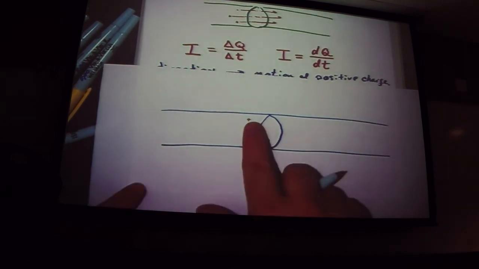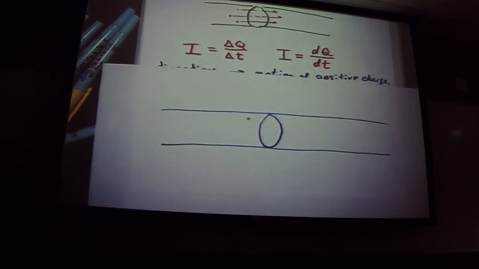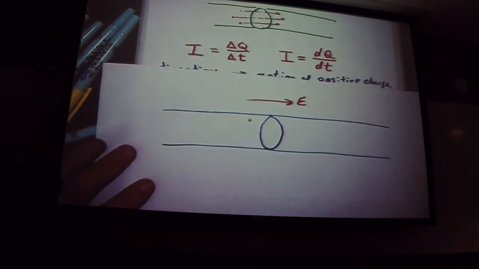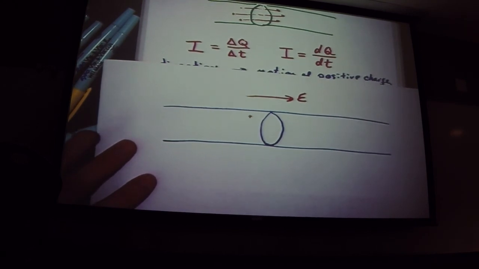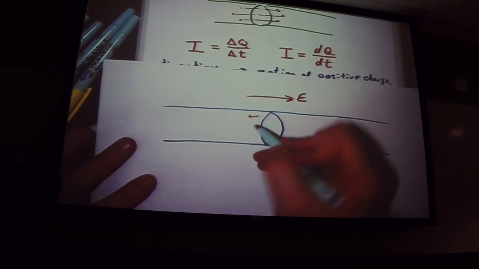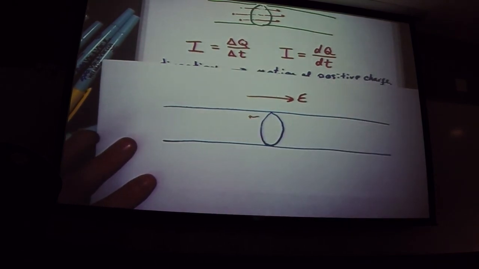So if we look at it microscopically, when I put in an electric field and accelerate my completely hypothetical positive charge, it's going to accelerate along the electric field until it bumps into something, mainly another atom.